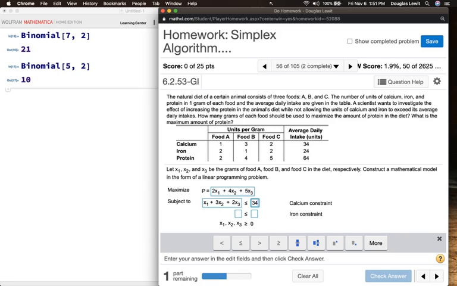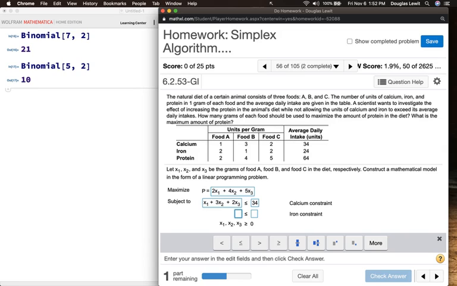Okay, so I'm not allowed to exceed 34 units of calcium per day. That's the maximum amount of calcium in the animal's diet. If I go beyond 64 units of protein per day, that's acceptable, but I cannot exceed 34 units of calcium, and I cannot exceed 24 units of iron.